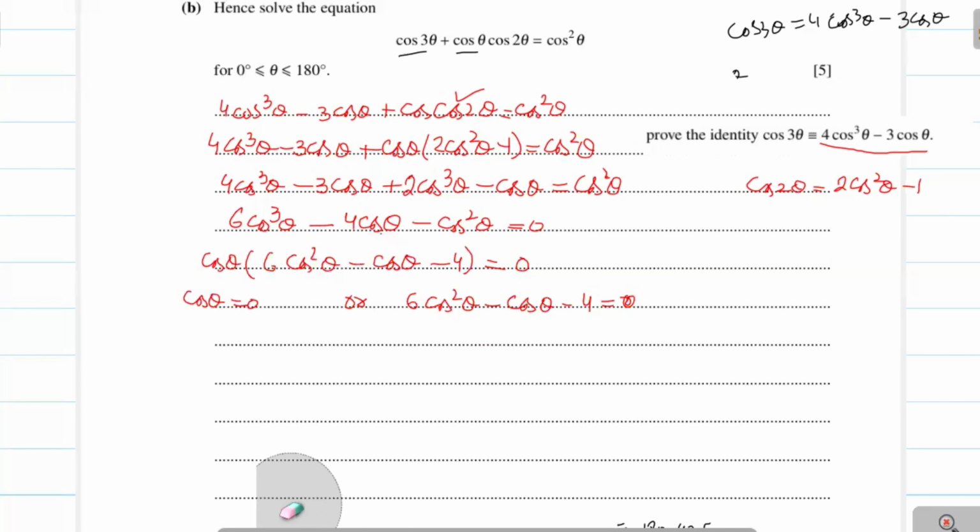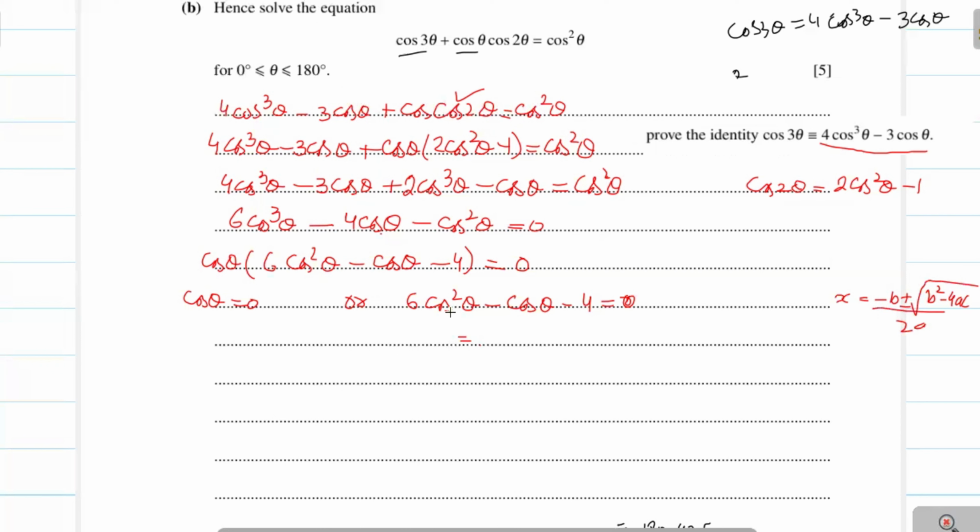Firstly, we write the quadratic formula: x equals minus b plus or minus the square root of b² minus 4ac, over 2a.